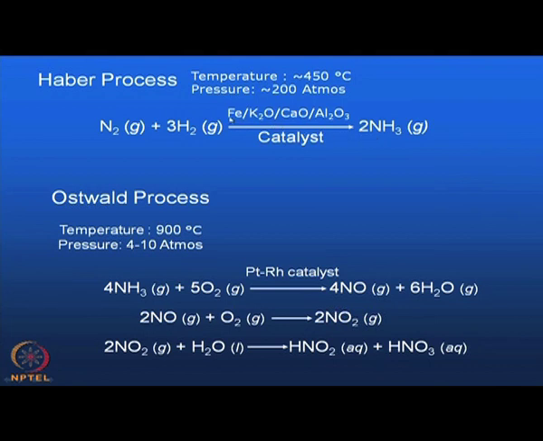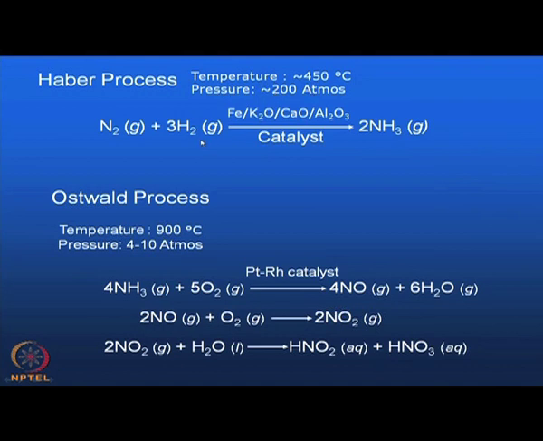So, the iron with K2O, calcium oxide, and Al2O3 are in solid phase at a very high temperature, and the nitrogen and hydrogen react at high pressure, so the external pressure is very high. It is a case of heterogeneous catalysis, because if you do not put these conditions, the reaction does not occur.